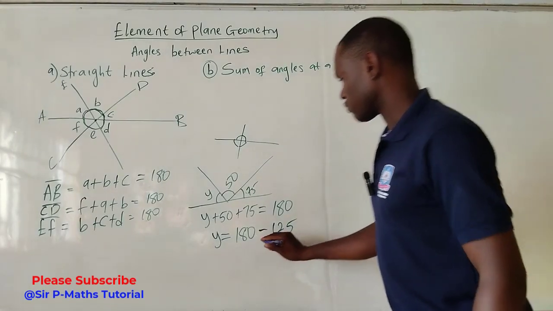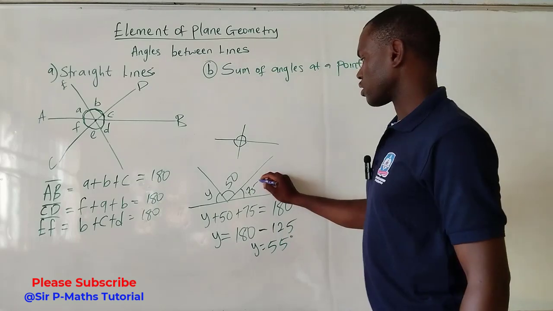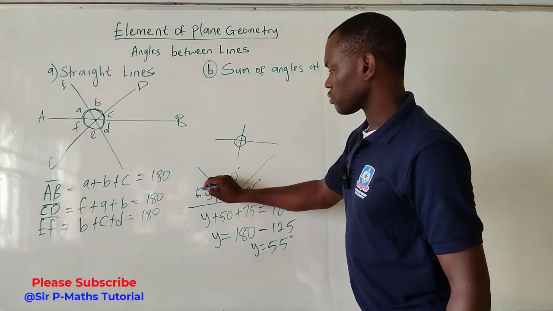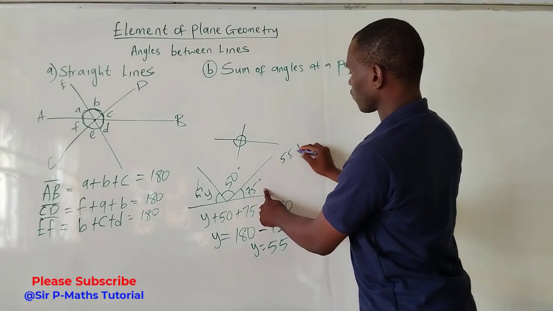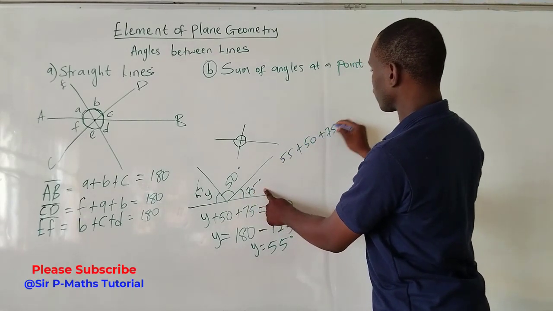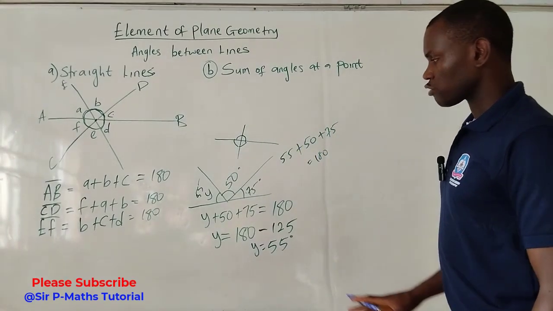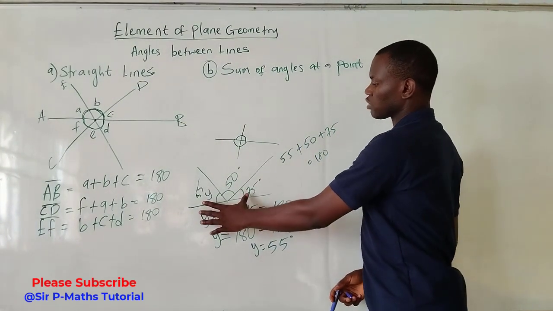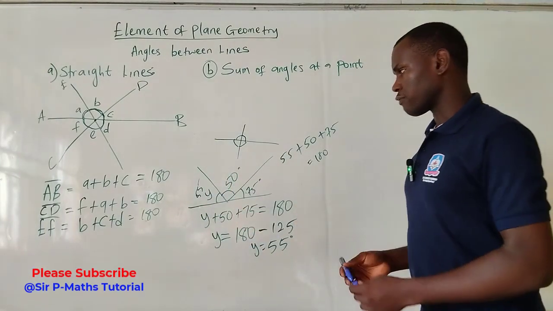Now, subtracting 125 will give me y equal to 55 degrees, all right? So this third part is 55. If you add this and this now, 55 plus 50 plus 75, you obtain a total angle of 180 degrees. So anytime you have a straight line, any part of the line missing, equate it to 180 and find it.